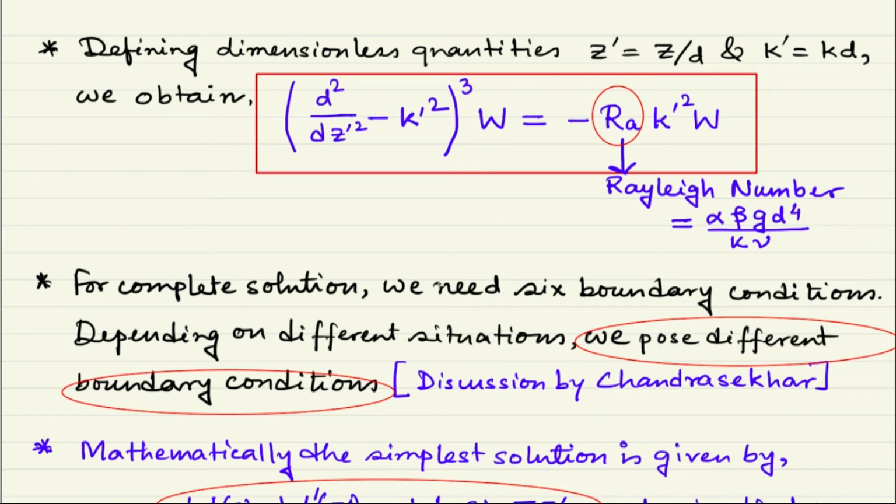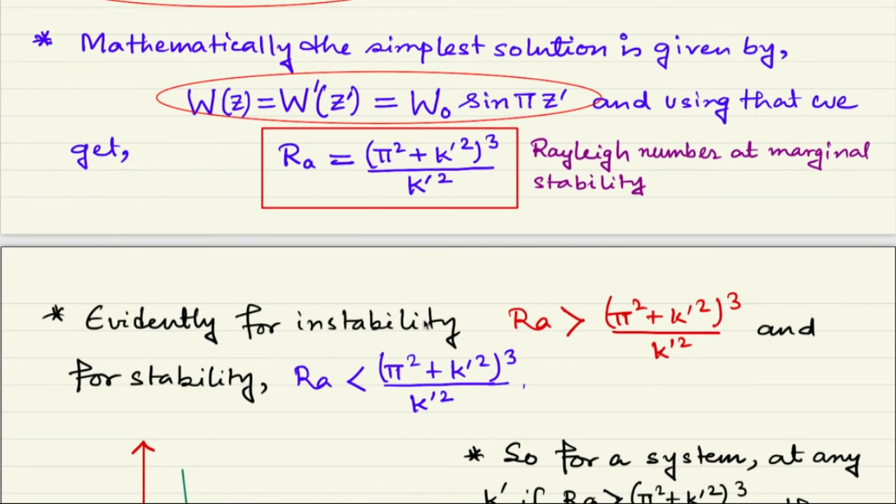In both cases, this equation is nothing but an idealization and can be used for academic purposes, but the philosophy which we will now extract will be roughly the same. So here, for this type of equation, I have a Rayleigh number given by (pi square plus k prime square) whole to the cube by k prime square. So this is a function of k prime only.